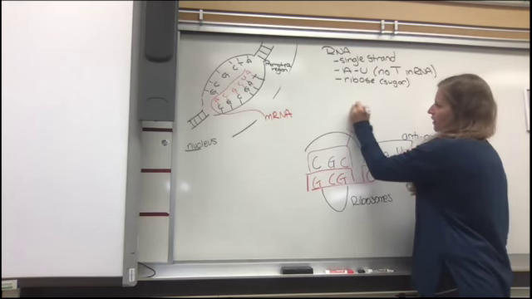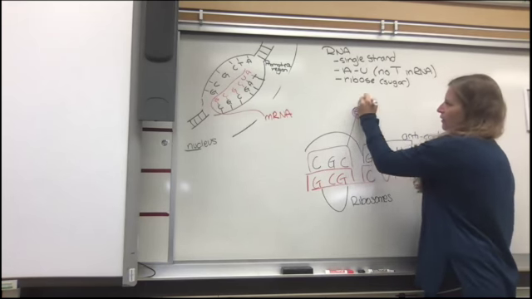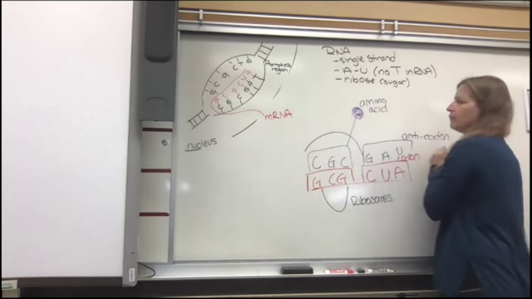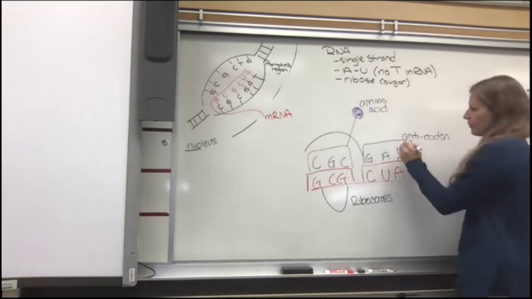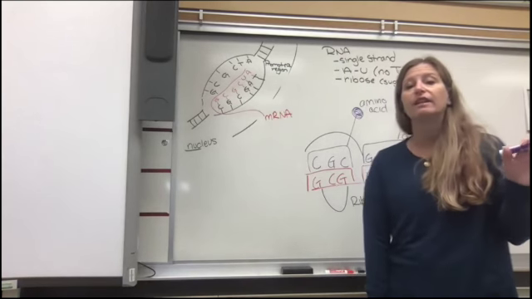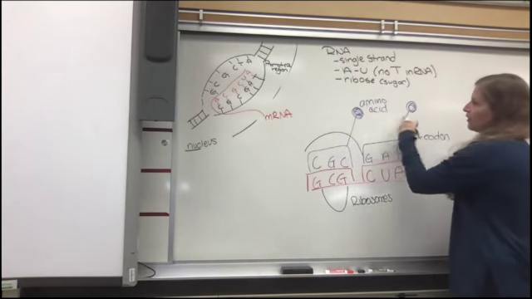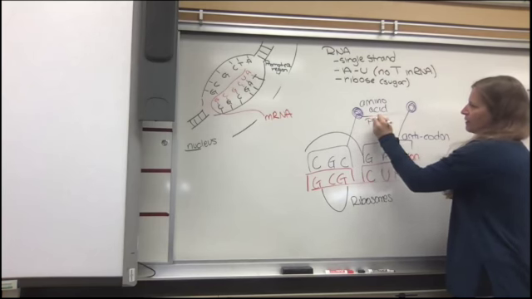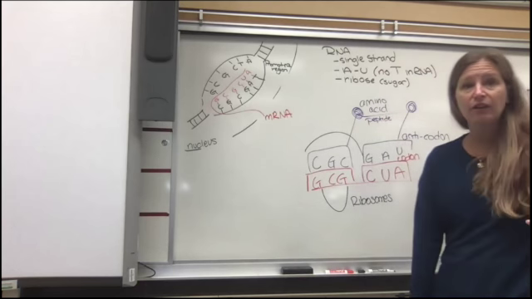Attached to your anticodon is an amino acid. The amino acids would rather hang out with their own kind than hang out with this anticodon. And so when they're put next to each other, they form a bond called a peptide bond. It's a covalent bond that's found in proteins.